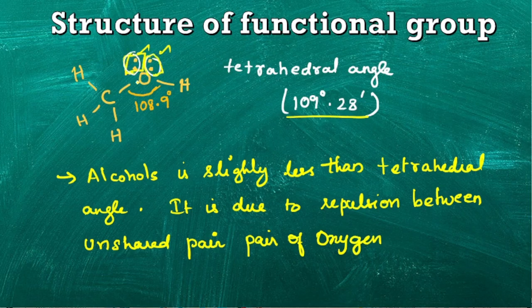Because of that, repulsion is caused between the two lone pairs of electrons. Therefore, the tetrahedral angle is being reduced.